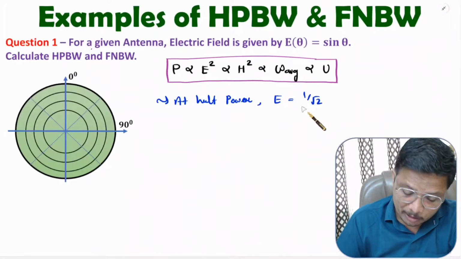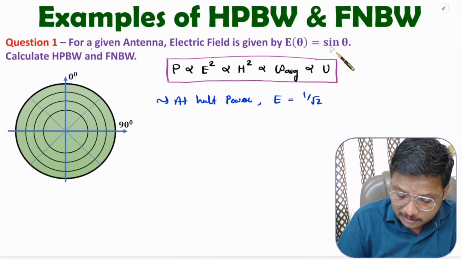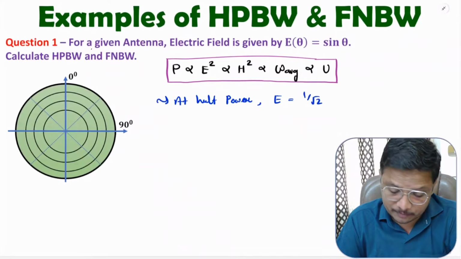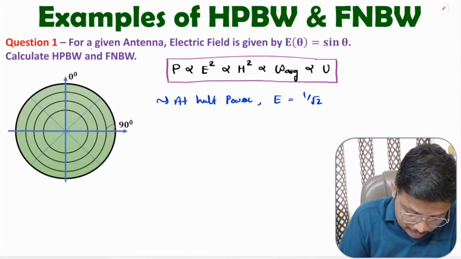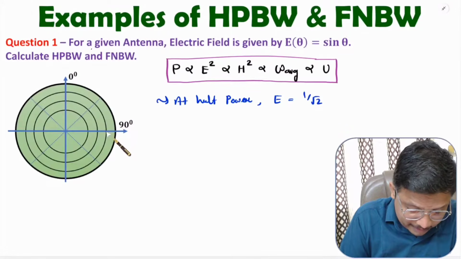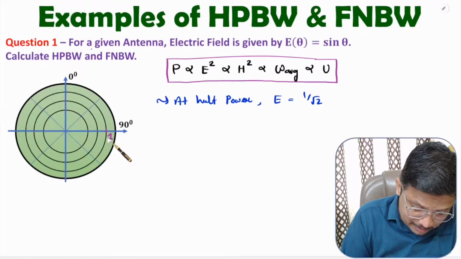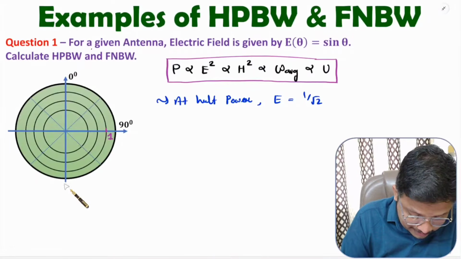Now you need to plot the electric field. E theta equals sin theta, and sin theta can be easily plotted. The sin theta value is maximum at 90 degrees, so let us say it is 1 over here, and sin theta will be 0 at 0 degree angle and at 180 degree angle.